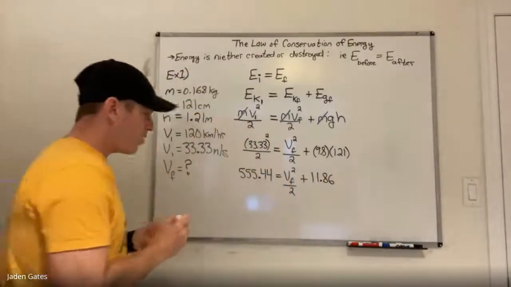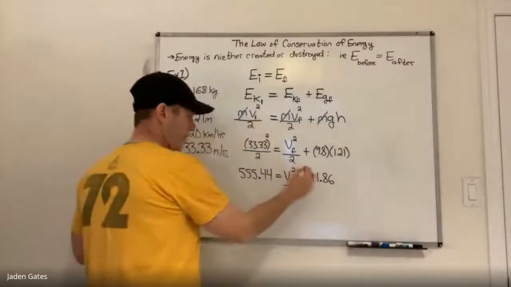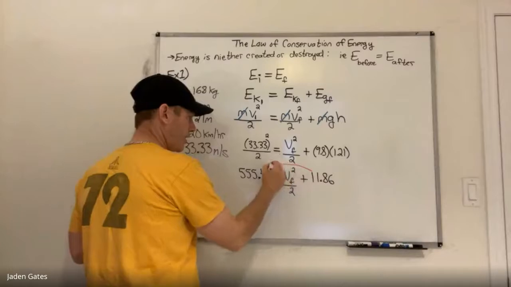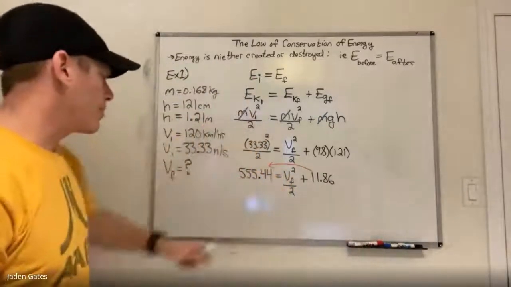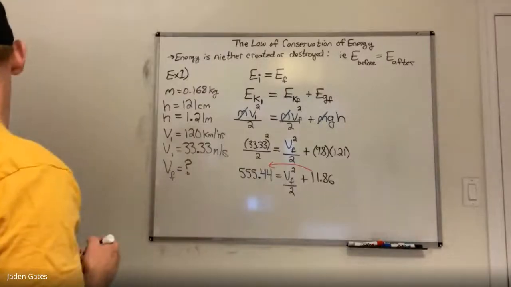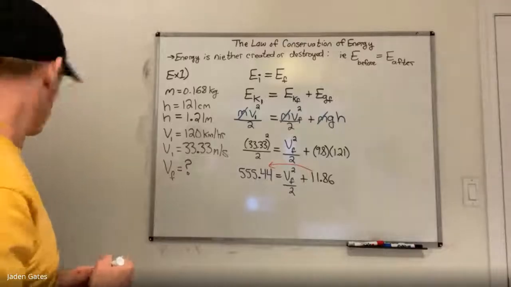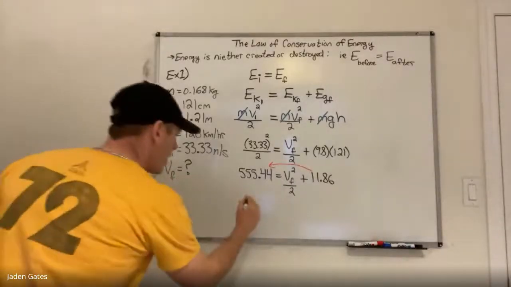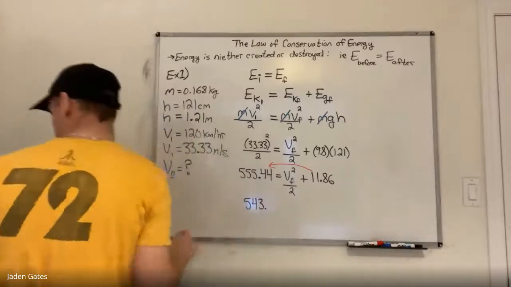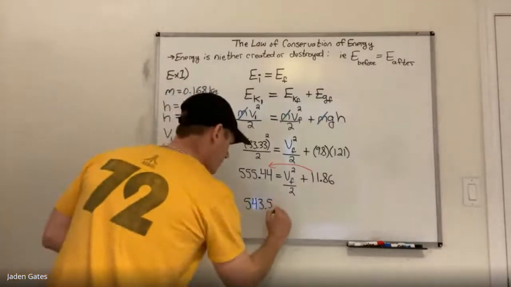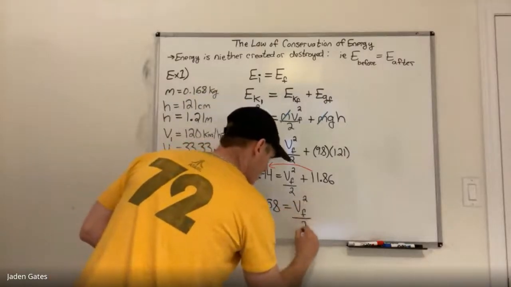Okay, so now I'm going to get vf by itself. I got quite a few things to get rid of. I'm going to move this 11.86 to the other side, so essentially it's subtracted from 555.44. If I subtract 11.86 from that number, I get 543.58, and that is now equal to vf squared divided by 2.